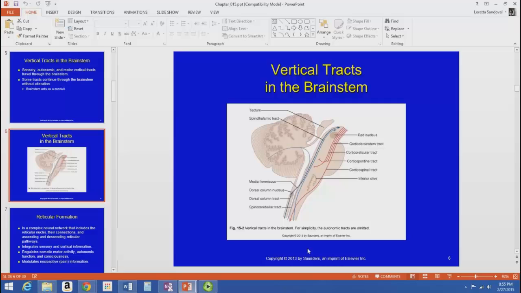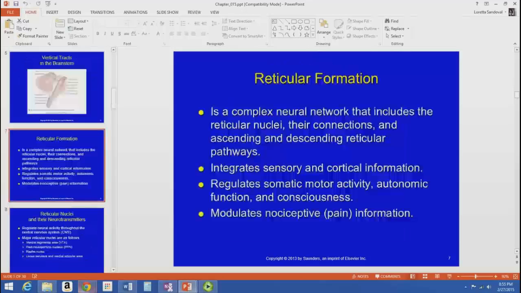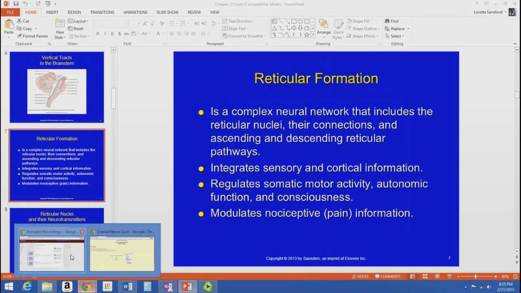So it just shows you how some of them pass through, some of them synapse, like when you look at the dorsal column medial lemniscus, it synapses in the brainstem and it passes on from there. Some of them just pass right through. Some of the motor tracts stop in the brainstem, some of them just pass right through. So you don't need to know specifically which ones. This is just an example of how the brainstem acts as a conduit. Okay? So, let me head over to the module.